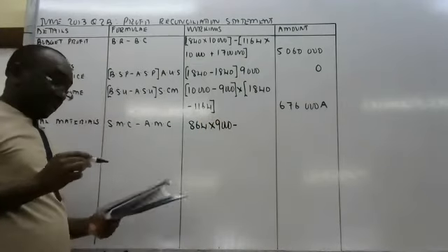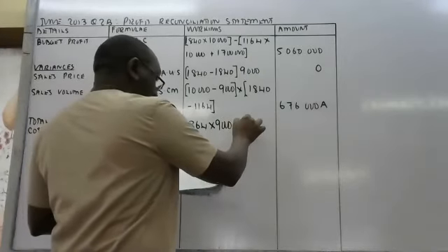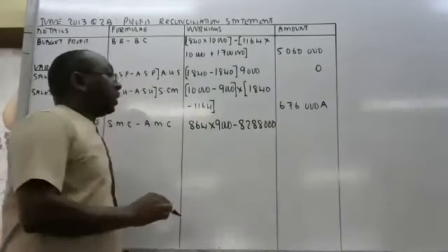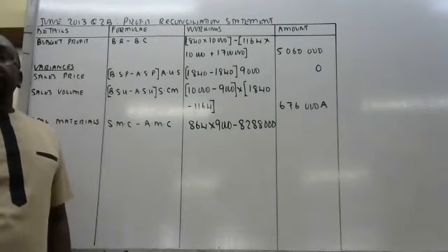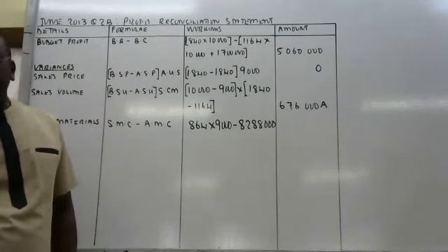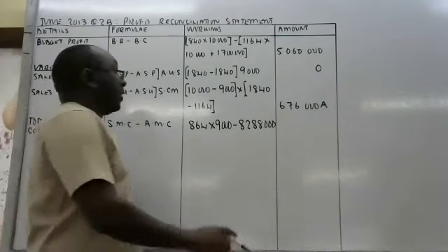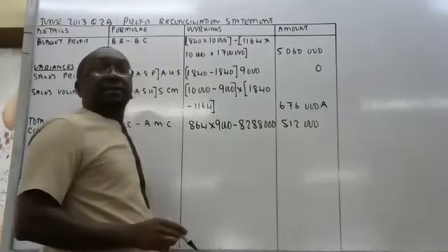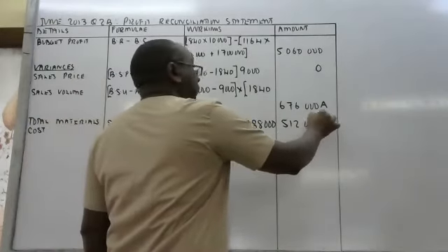That gives you the standard. Then below, the actual was 8,288,000. The variance is 512, favorable or adverse? That is adverse.